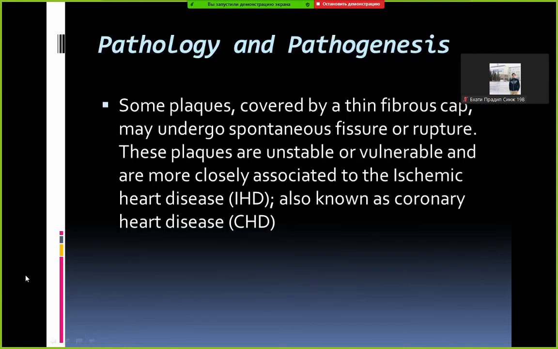So some plaques covered by a thin fibrous cap may undergo spontaneous rupture. These plaques are unstable or vulnerable and are more closely associated to the ischemic heart disease, also known as coronary heart disease.